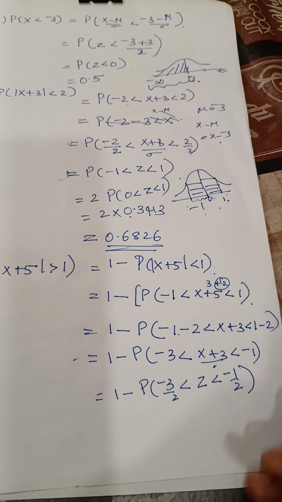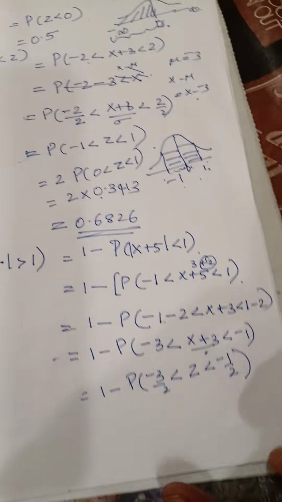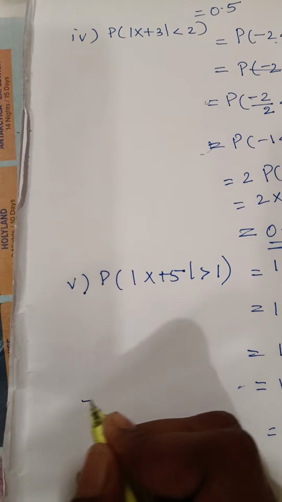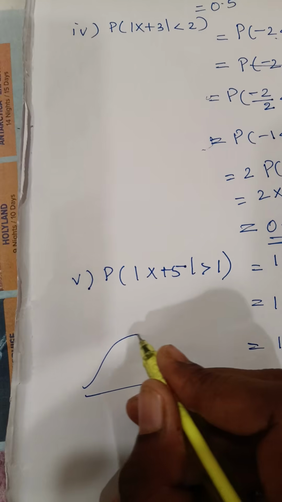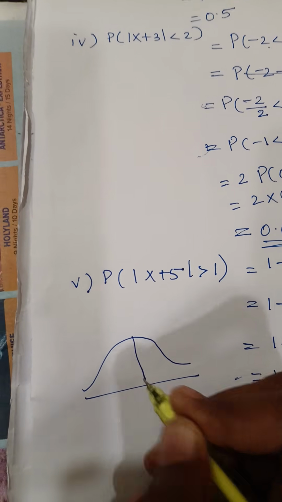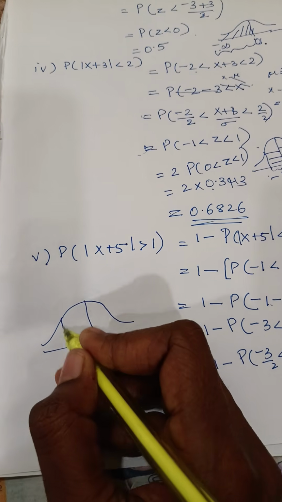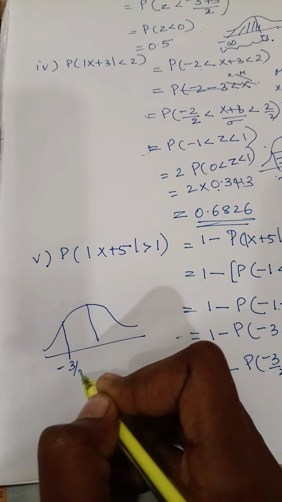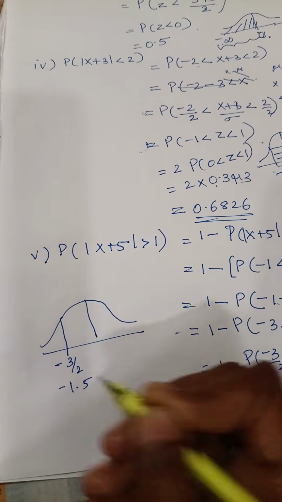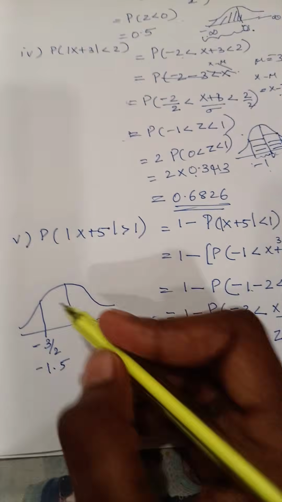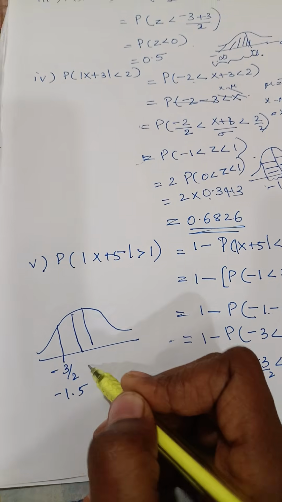Now what is our area? I am drawing here. Our area will be minus 3 by 2 to minus 1 by 2. So what is minus 3 by 2? Minus 1.5. And minus 1 by 2 is minus 0.5.